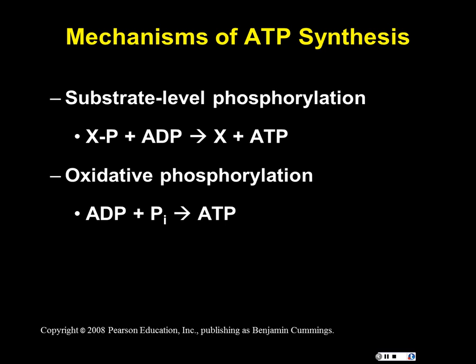The electron transport chain transfers the electrons, so it must be oxidative phosphorylation. The electron transport chain is oxidative phosphorylation. We're going to use electrons to make a whole heck of a lot of what? ATP.